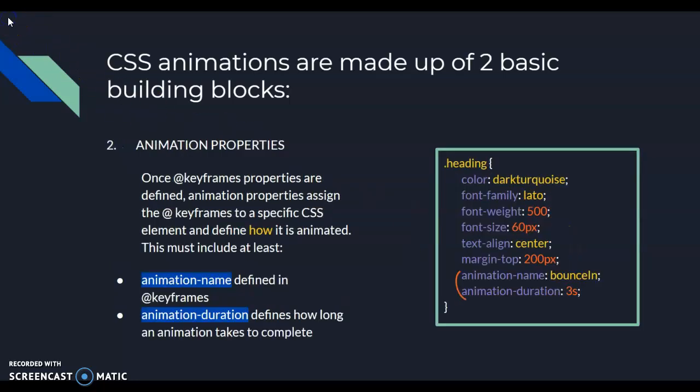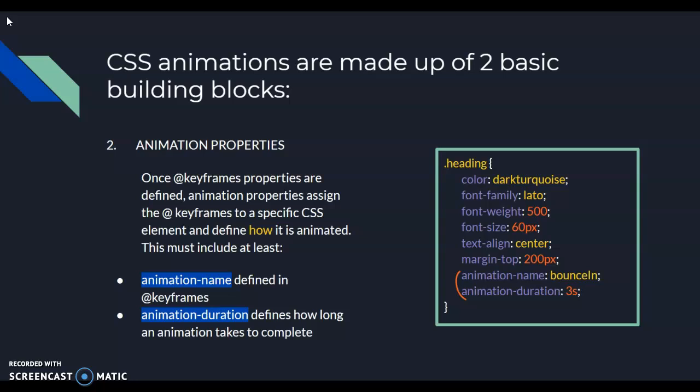The second building block is to now assign the @keyframes rule to a specific HTML element and define how it is animated. There are 2 essential components that must be included or your animation will not work. The first one is you must assign the animation name that you defined in the @keyframes to the element.